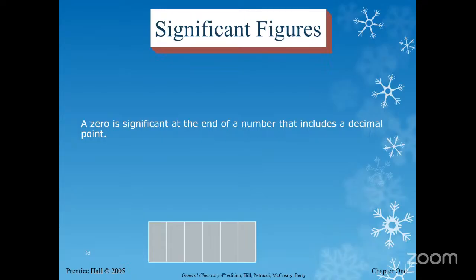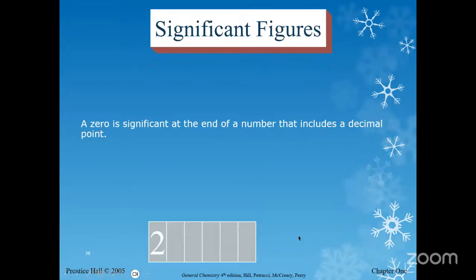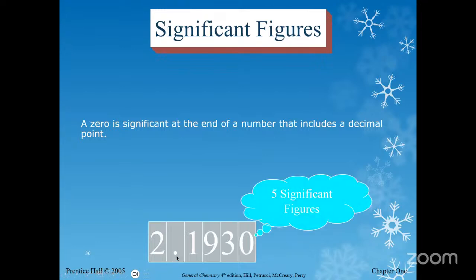So here is an example of this, right? Here we have the decimal point, and we have 3 zeros at the end of this number, right? So basically, those zeros are significant, and therefore the total number of significant digits represented here would be 5. All right. I think I have another example here. Okay, so in this case here, again, decimal point.